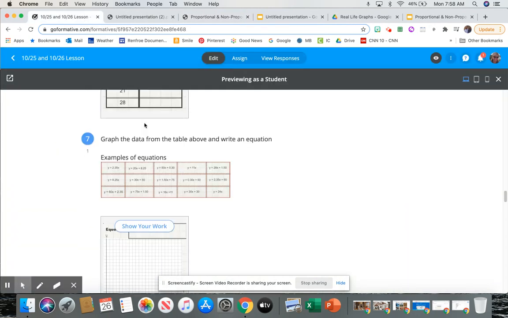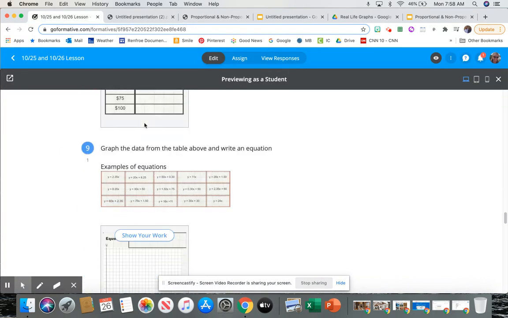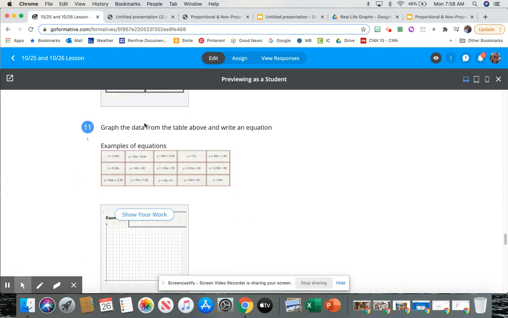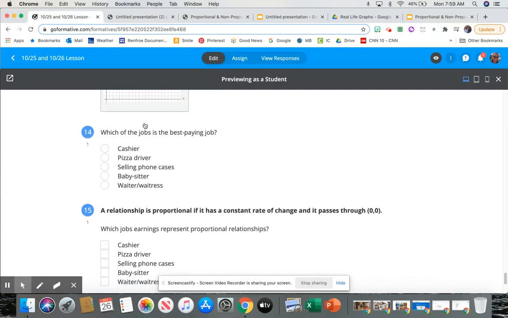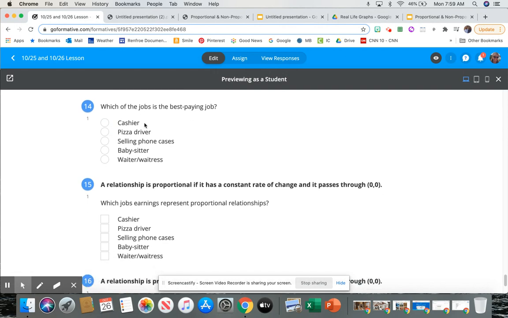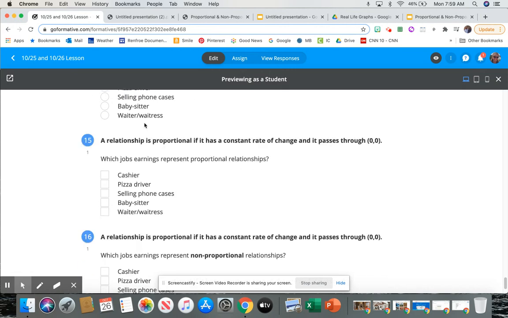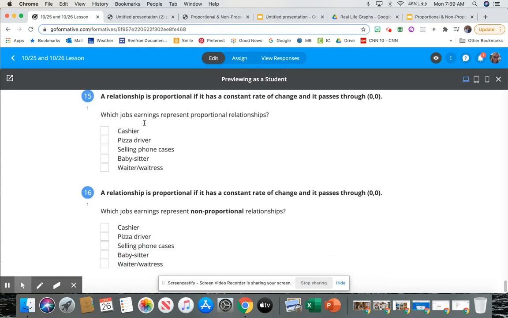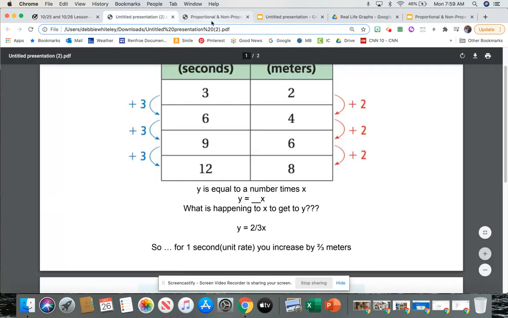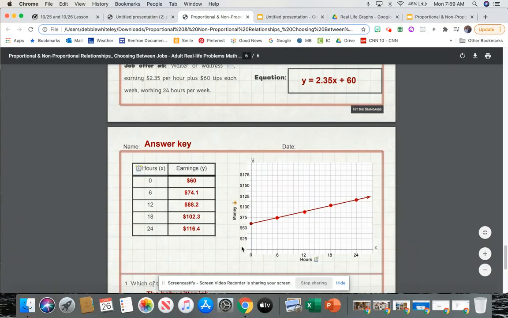At the end of the activity, it's going to ask you to analyze which job offer is the better offer. But then on here, which relationship is proportional and which relationships are non-proportional. Basically, it's proportional if it passes through 0 and it has a straight line.